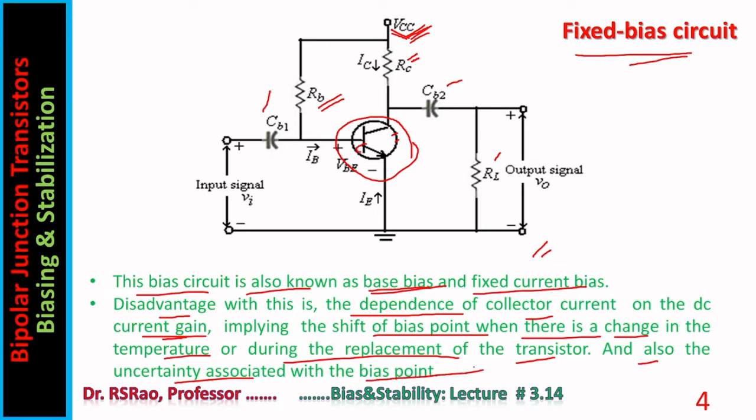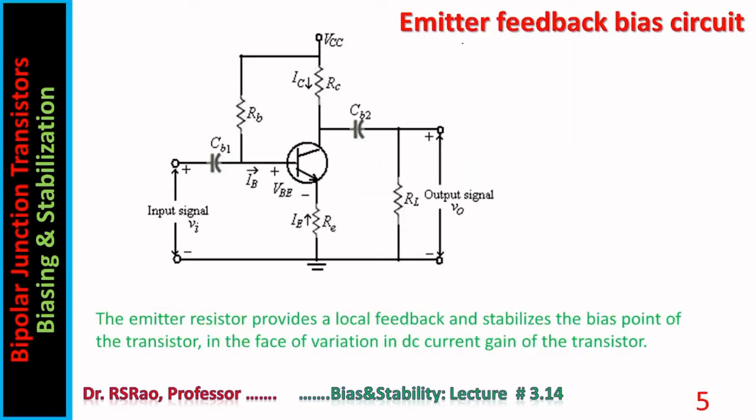So, two disadvantages. One disadvantage is shift of bias point whenever there is a change in temperature or whenever there is replacement of transistor. Another disadvantage is uncertainty associated with the bias point. Unpredictability is another disadvantage.